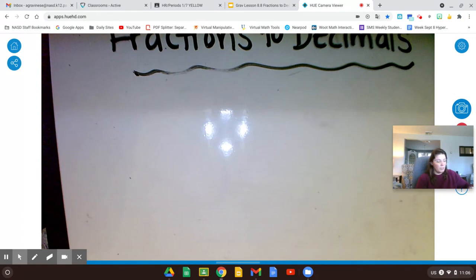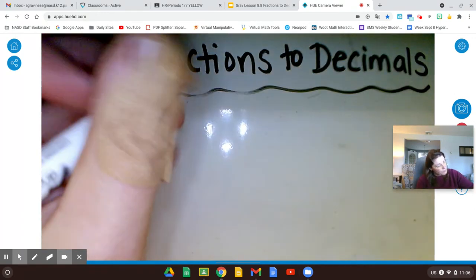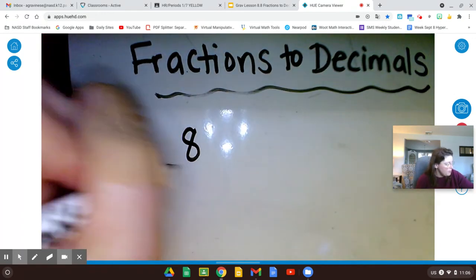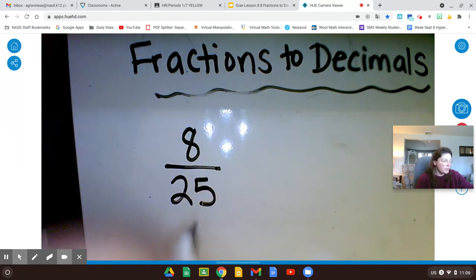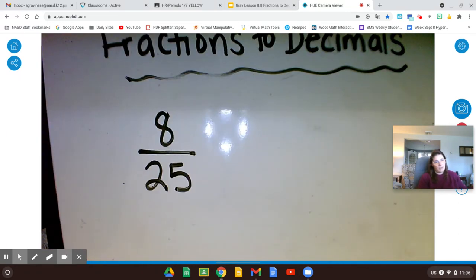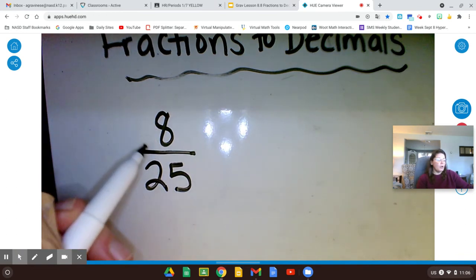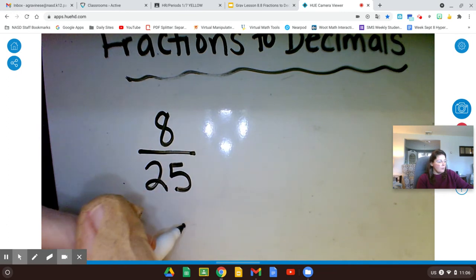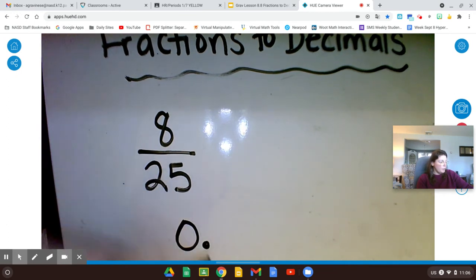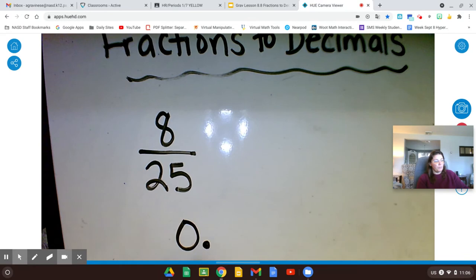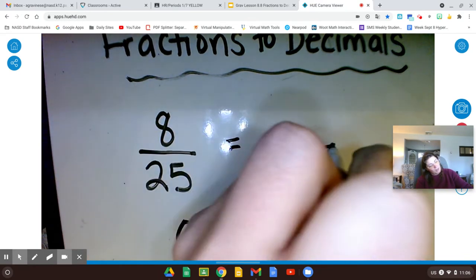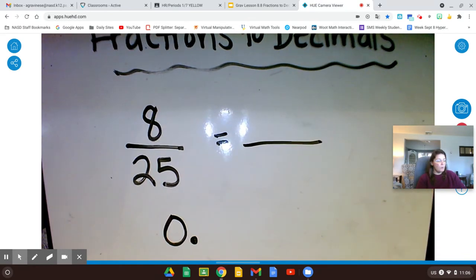Let's do one more example. Let's do 8/25. Okay, 8/25. Remember, we want to write it as a decimal. Imagine what this looks like. 8 out of 25. It's less than 1 whole, so I need my 0 point. And I want to have a denominator that is 10 or 100.